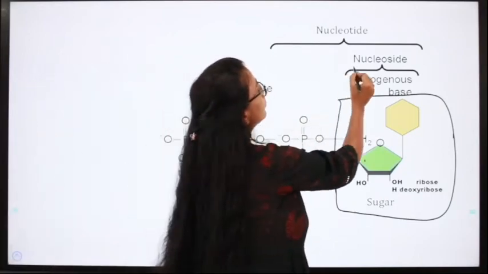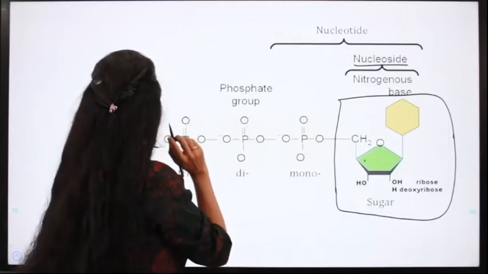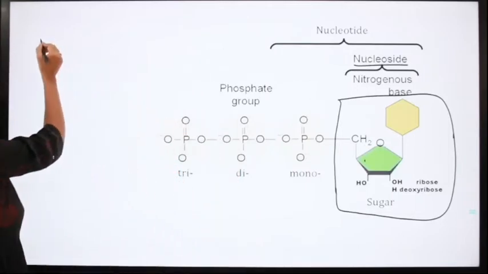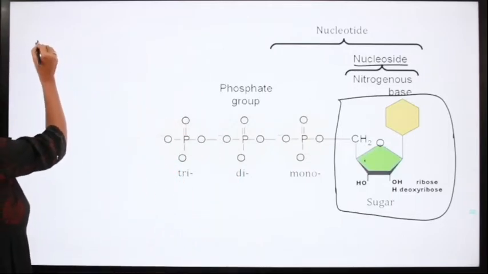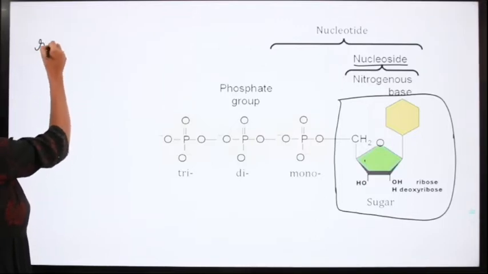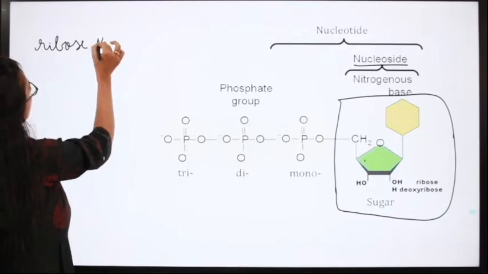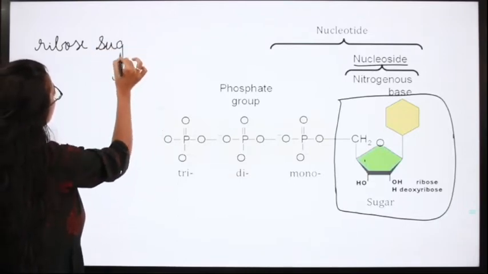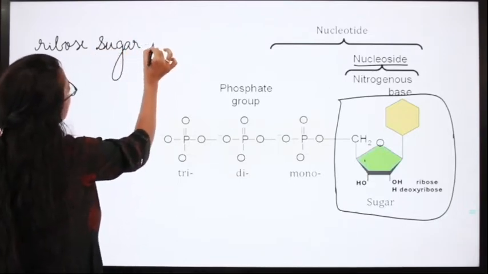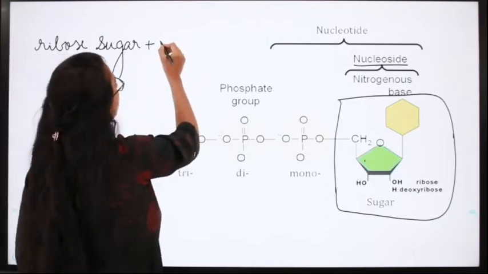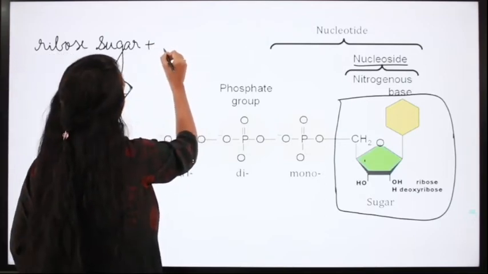Okay, so I'll write it down here: ribose sugar plus nitrogenous base.